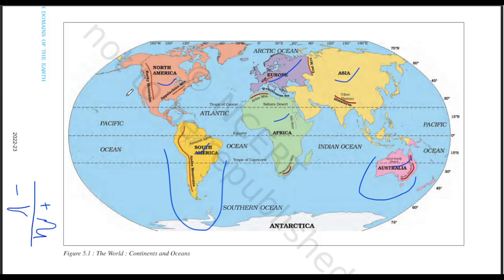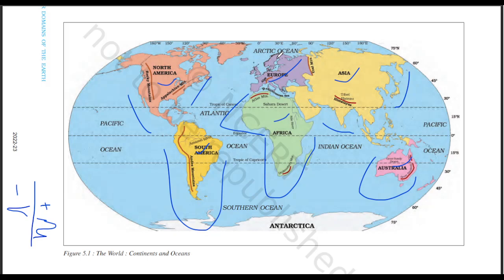Africa is surrounded by the Indian Ocean, Atlantic Ocean and Southern Ocean. Australia by the Indian Ocean, Southern Ocean and Pacific Ocean. Asia by the Pacific Ocean and Indian Ocean. Europe by the Arctic Ocean and Atlantic Ocean.